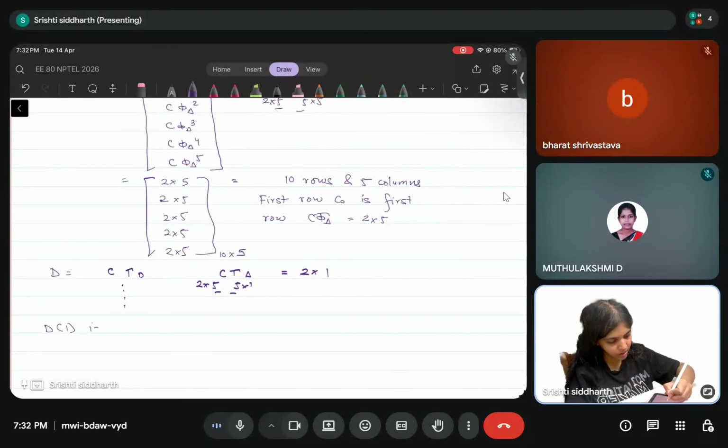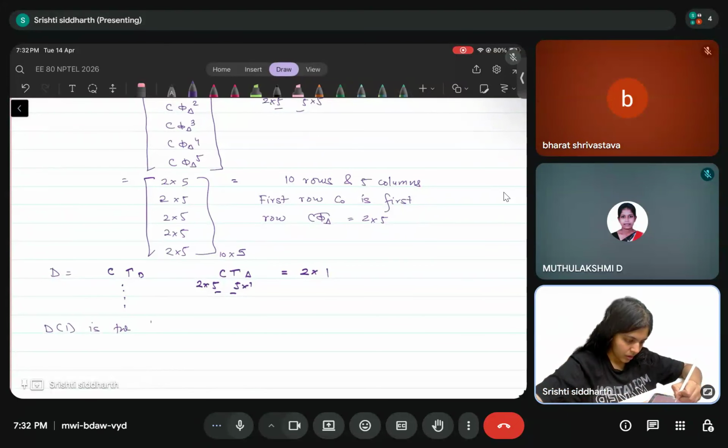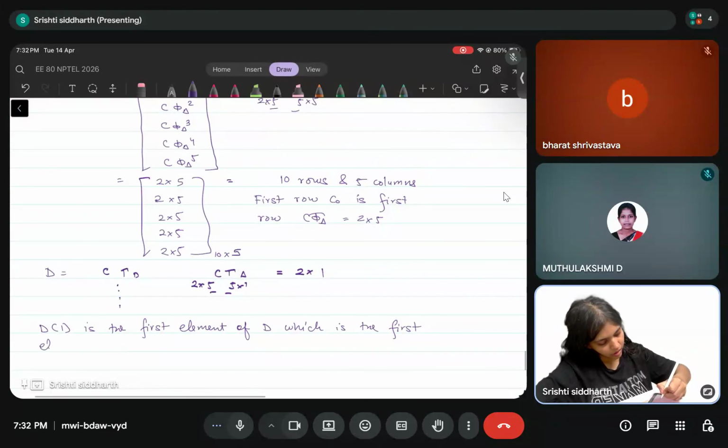So D1 is the first element of D, which is the first element of C gamma delta.